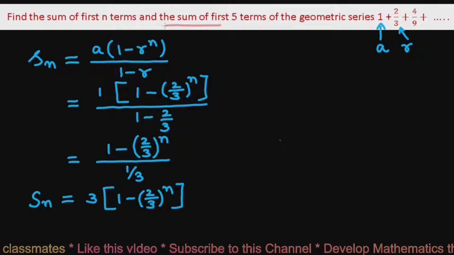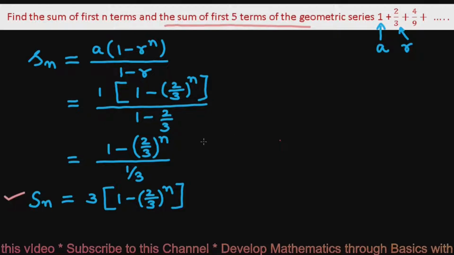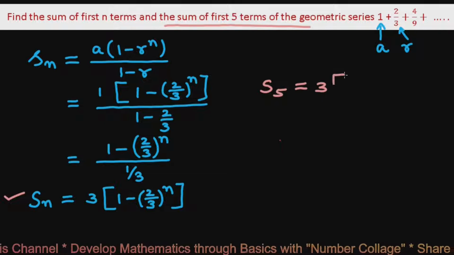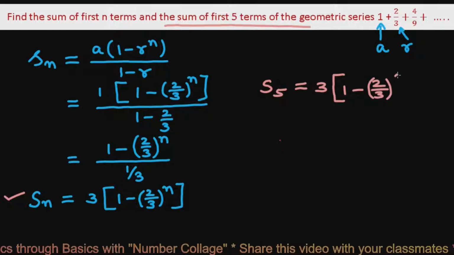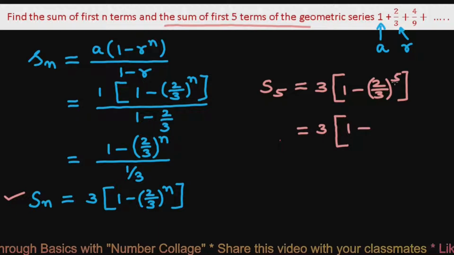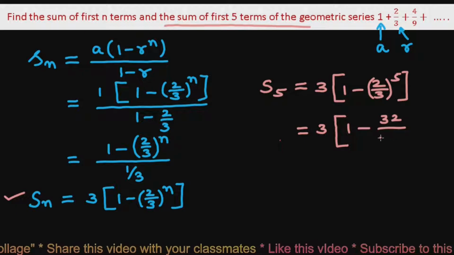Now to find the sum of first 5 terms of this GP, we use this formula and write S5 equals 3 multiplied by 1 minus 2 by 3 power 5. This will be 3 times 1 minus, 2 power 5 will be 32 and 3 power 5 will be 243.